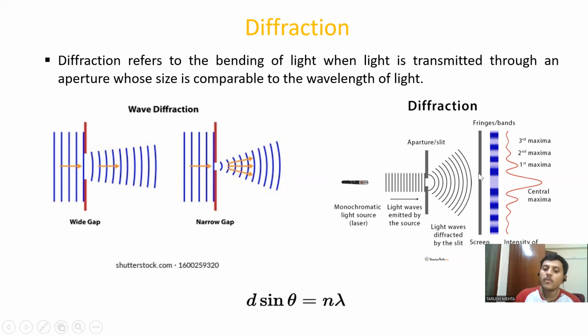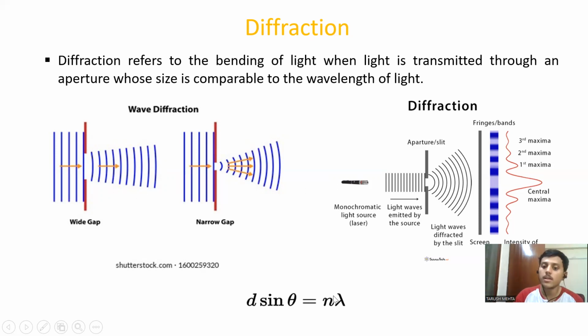So we can also find the position of the nth order maxima with respect to the center using the formula d sine theta is equal to n lambda, where d is the slit width, and theta is the position of this maxima. If we draw a line to the maxima, then the angle that line will make with the horizontal is theta, and that angle starts from the center of the slit.